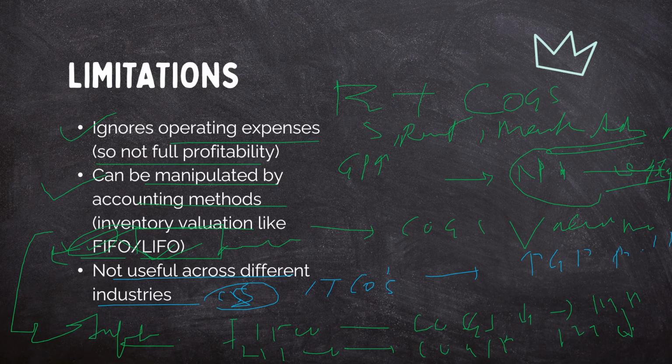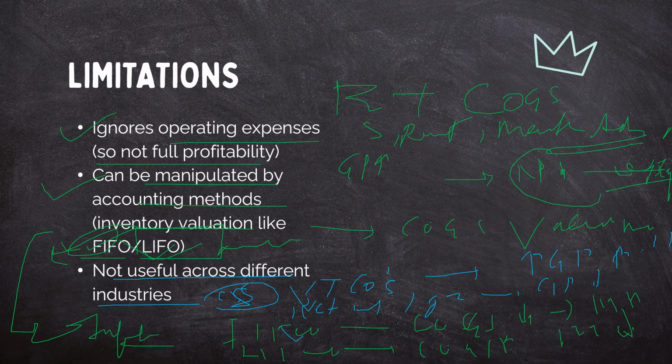But in the retail or grocery industry, the GP is low, with thin margins and very high volumes, so comparing them would be misleading. We can't compare these two, right?